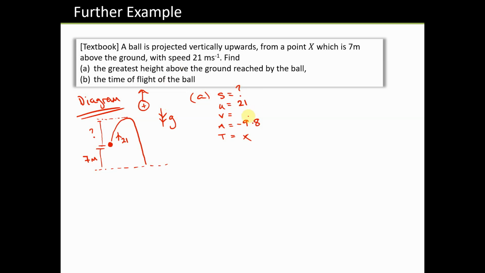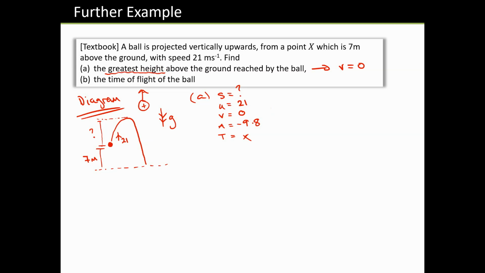So actually, at its greatest height, the final velocity is always equal to 0, and that's another key thing that they will tell you in these questions, but not so explicitly. They won't say the final velocity is 0, they will say the greatest height above the ground. You need to know that at the greatest height, the object is going to stop very momentarily and then change direction.